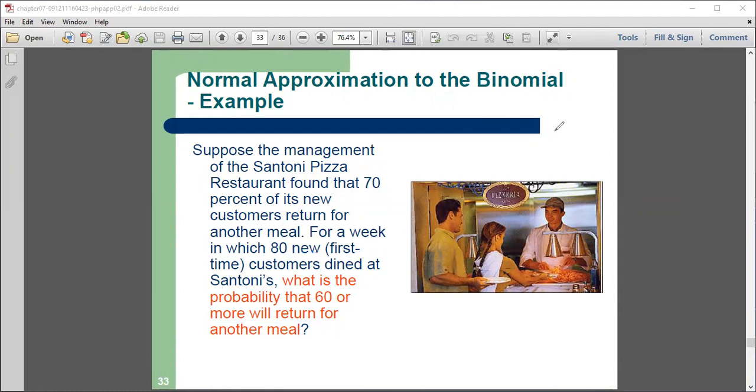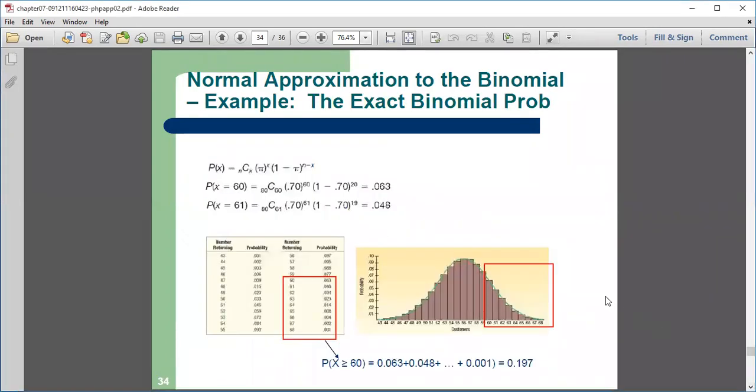Let's see what the procedure of normal approximation to binomial distribution is. The given data is relevant to the binomial distribution, and at the very first stage, we will find the probability of X by using the binomial distribution.